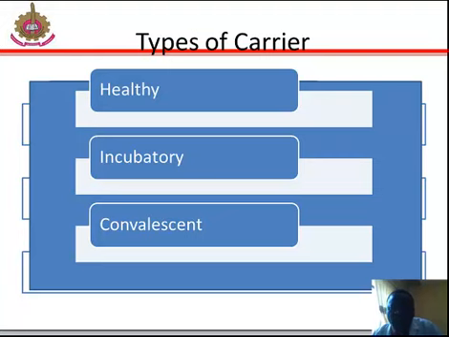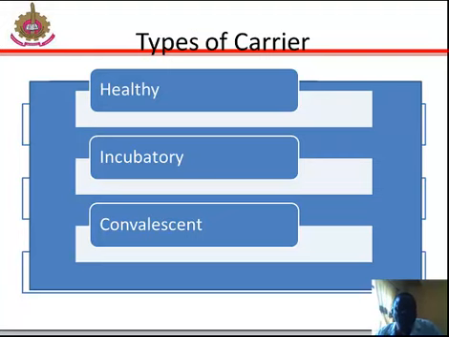When you talk of a true carrier, it is an infected individual capable of disseminating the infectious agent, but who himself will never exhibit clinical signs of disease. We call them healthy because they have the disease condition in them. They are not showing any sign of that disease, but they can transmit that infection to others and they remain healthy.